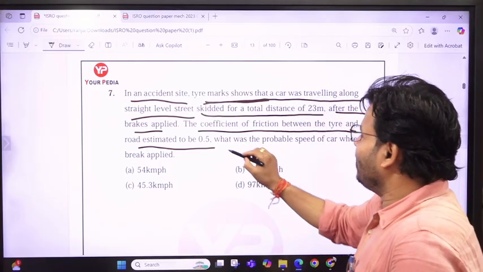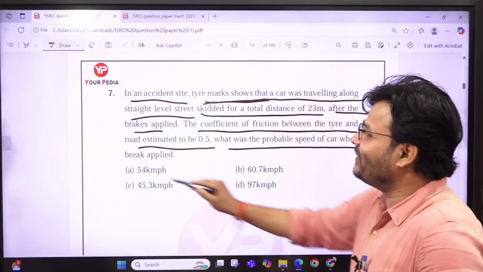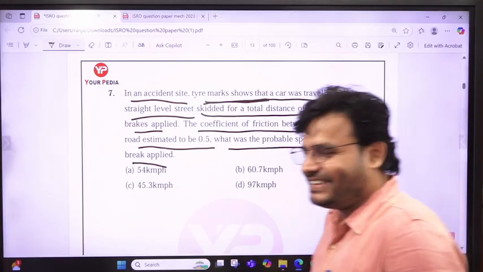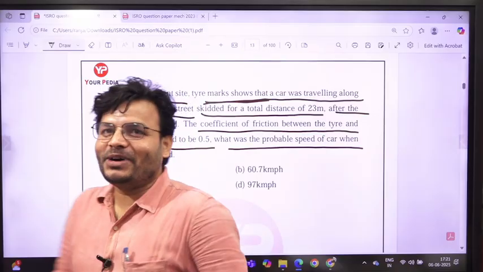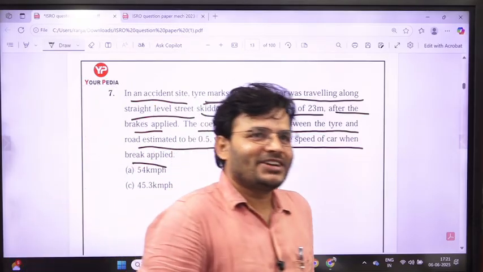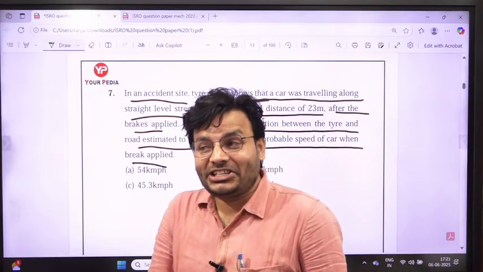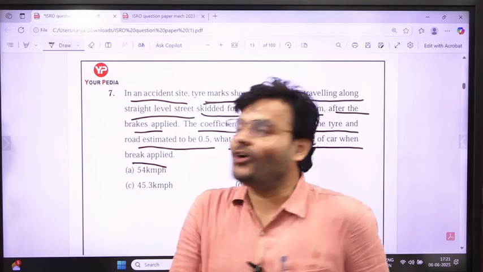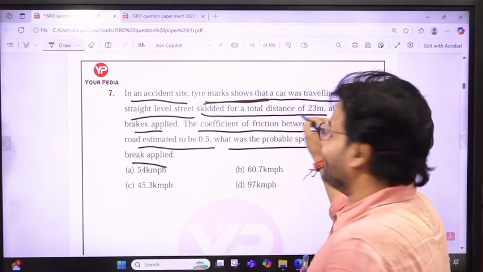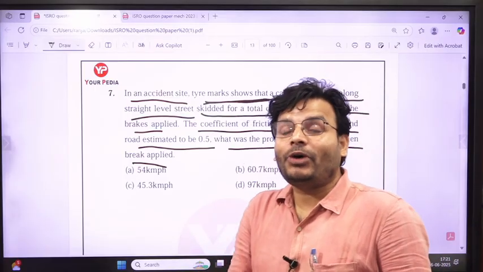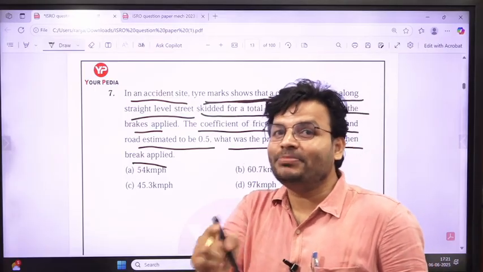What was the probable speed of the car when the brake was applied? It was a real life situation. You are driving your bike or car, suddenly you apply the brake, and after that your vehicle still moves 23 meters.